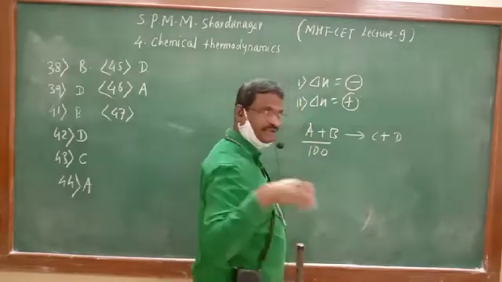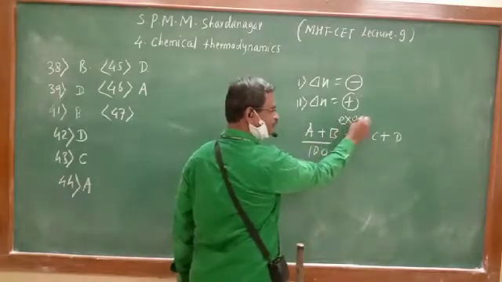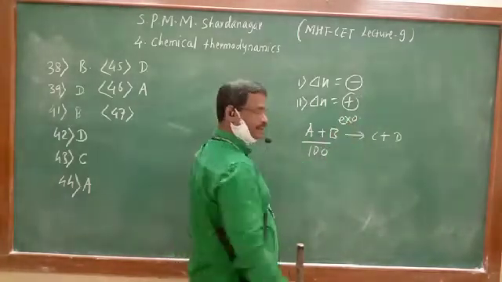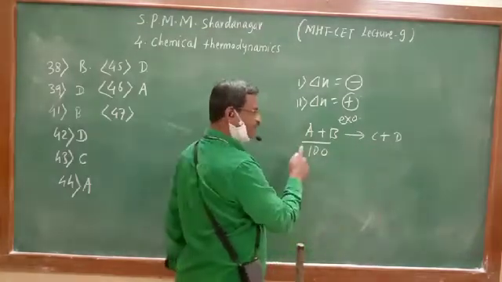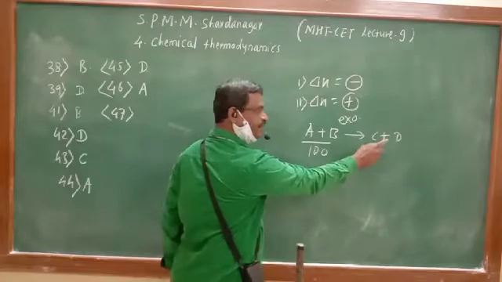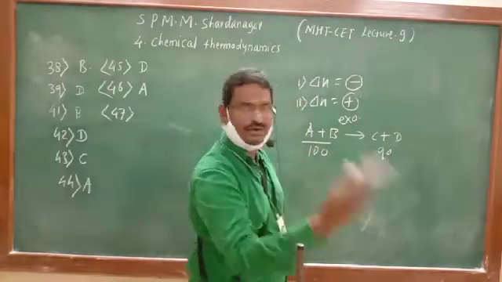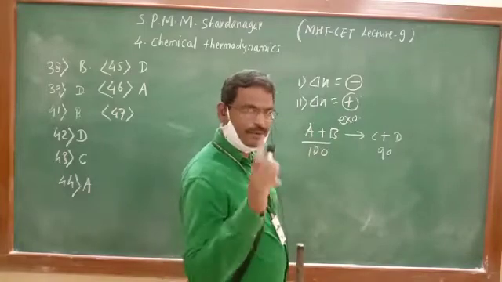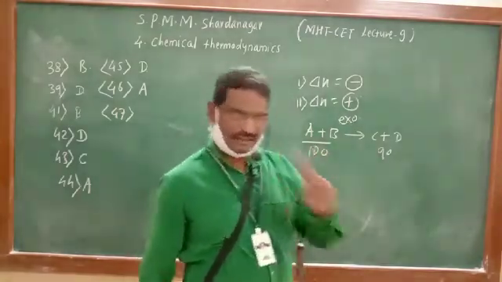Is C plus D greater than 100 or less than 100 in an exothermic change? The product has less energy, say 90, because certain energy is lost. Therefore, the energy of the product is less than the energy of the reactant.